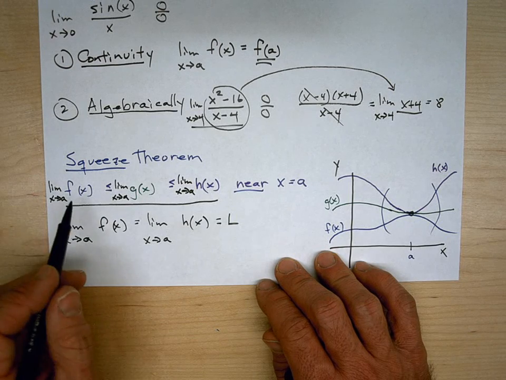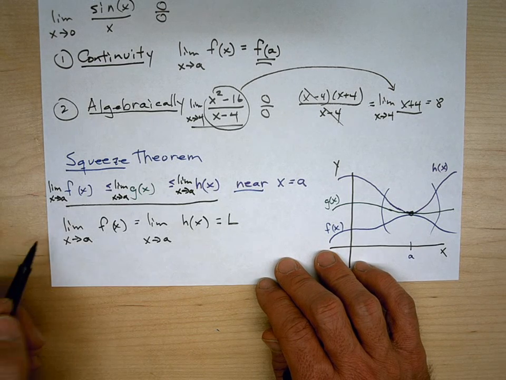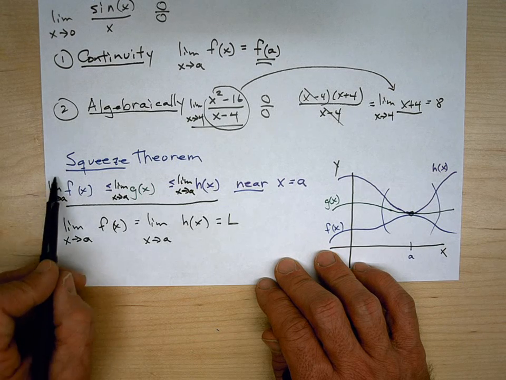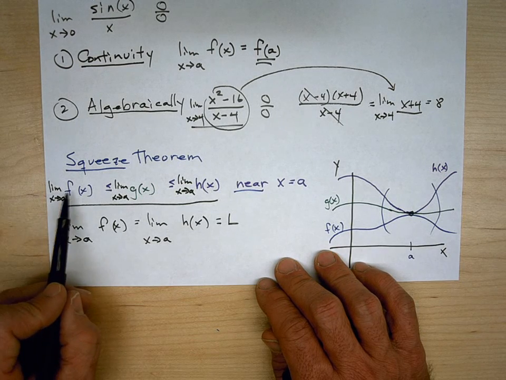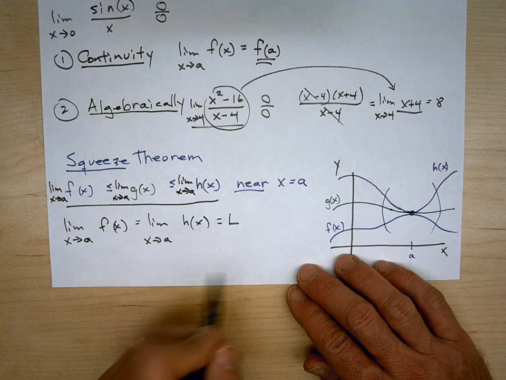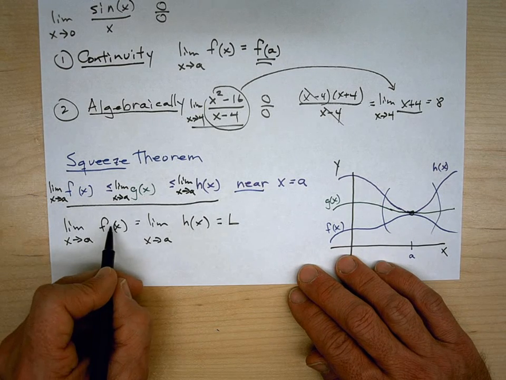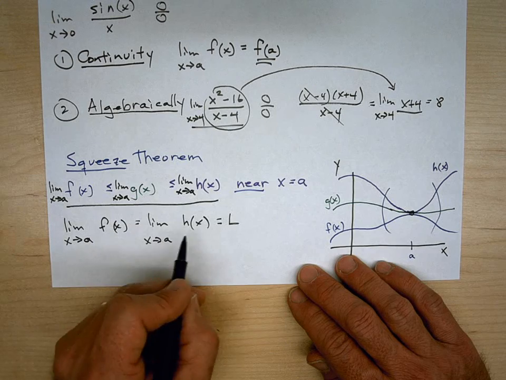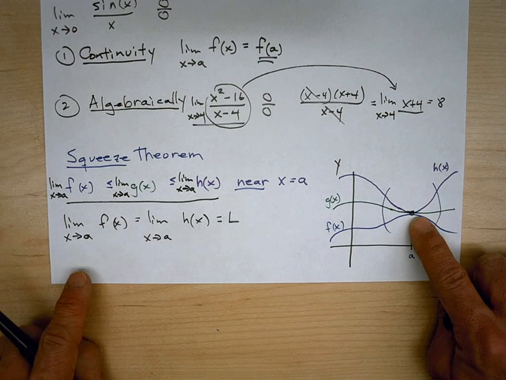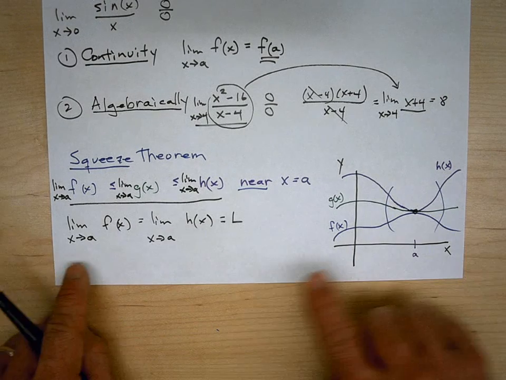Remember, function values and limits are not the same thing. So we would actually have to prove this, which we're not going to do. But I'm adding something here. I'm saying that the limit of this is less than or equal to the limit of this, which is less than or equal to the limit of this. And now I'm also saying that the limit of f as x approaches a is equal to the limit of h. So I think just by looking at this picture, we can see what the result's going to be.